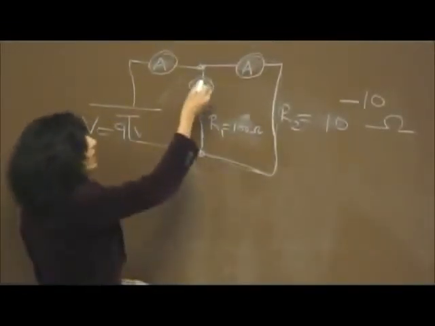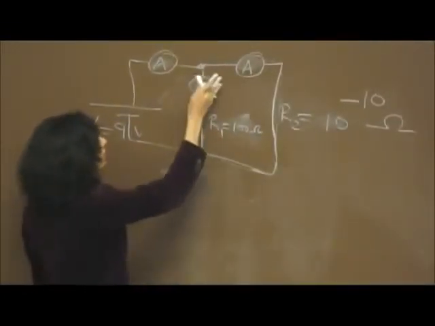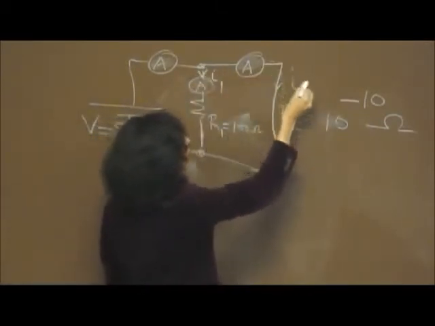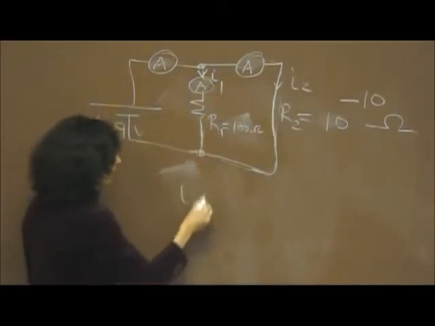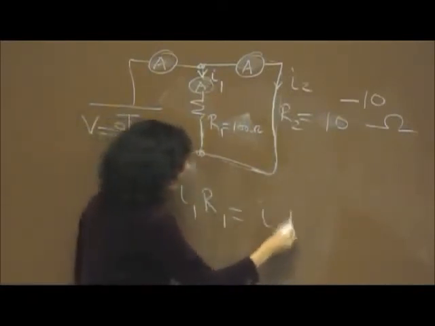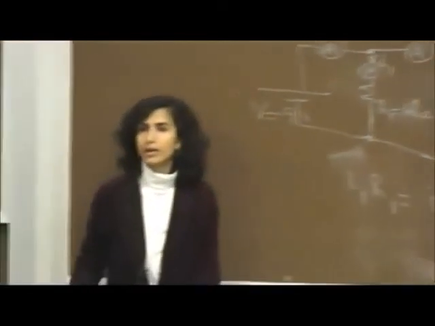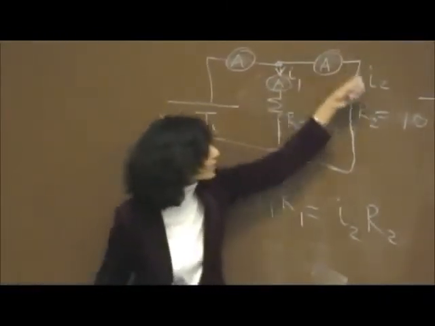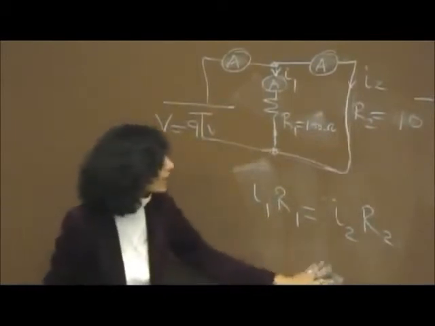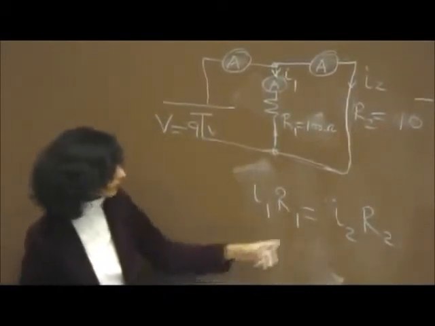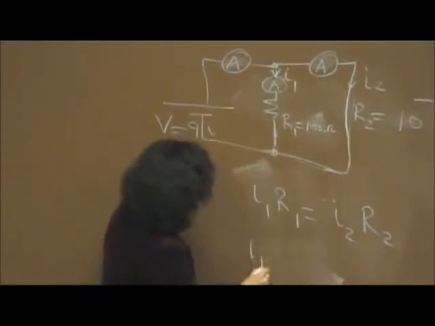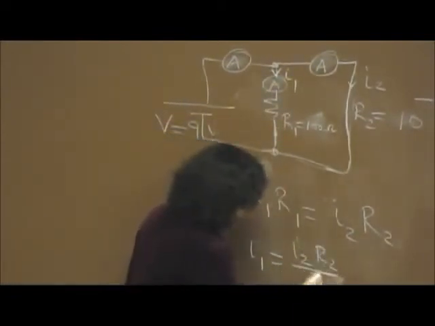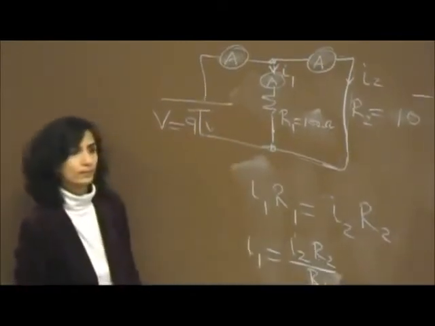Again, if you think about the current here, I1, and the current in this branch, I2, is it true that I1 times R1 should be equal to I2 times R2? Because these two are in parallel, right? So I1 times R1 should be I2 times R2. In other words, I1 should be I2 times R2 divided by R1.